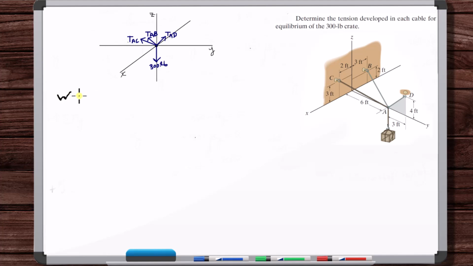The vector W from the weight of the crate. This is an easy one. This is just minus 300 k hat. All right. What about vector T_AC? Okay. So the magnitude of T_AC.